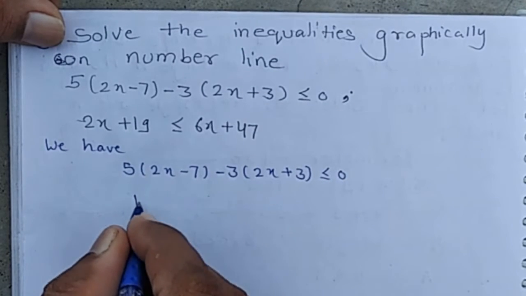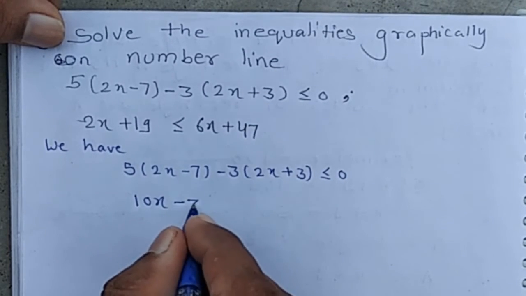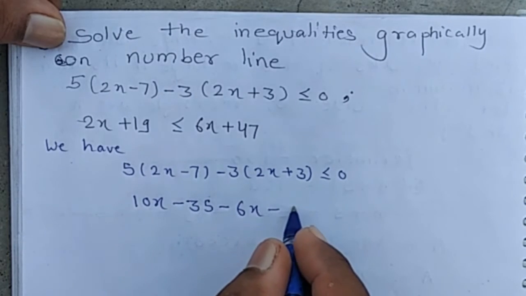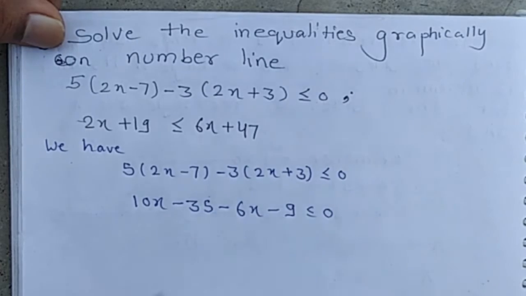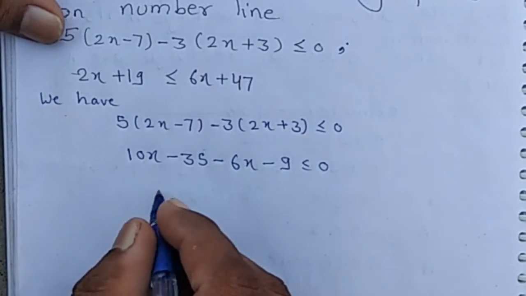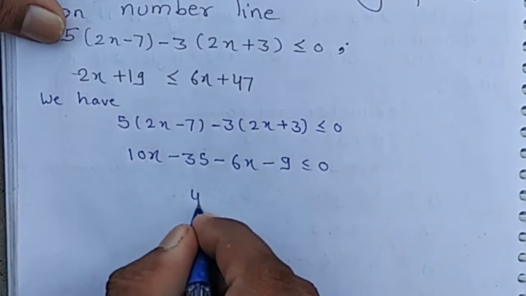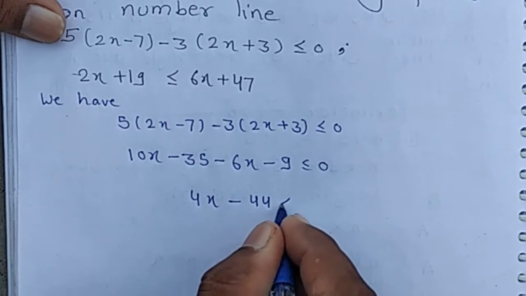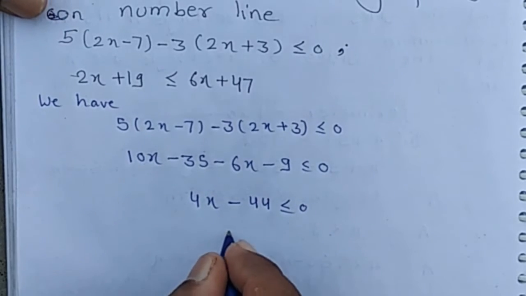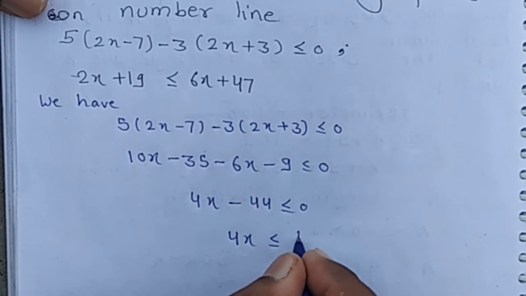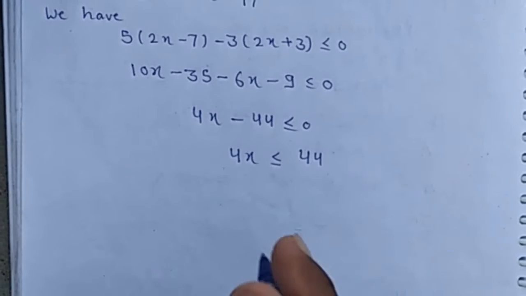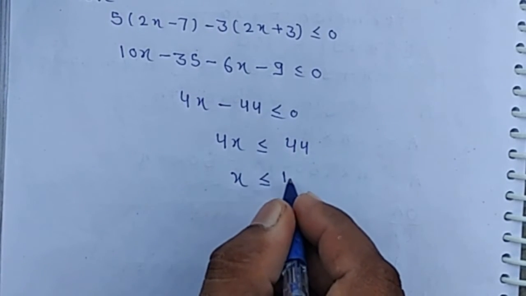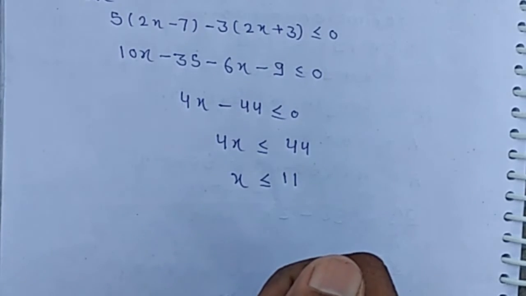We have 10x minus 35 minus 6x minus 9 less than or equal to 0. 10x minus 6x is 4x, minus 35 minus 9 is minus 44, less than or equal to 0. Then 4x is less than or equal to 44, and the solution of the first inequality is x is less than or equal to 11.